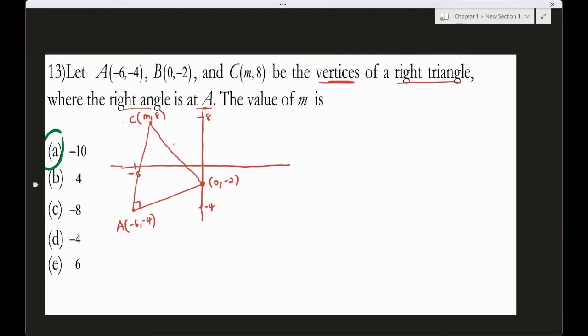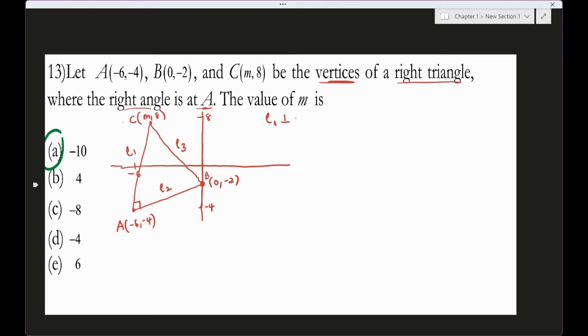If we look at this, we can see that we can use the idea of lines. So let's say this is line 1, line 2, and line 3. Line 1 is AC, AB here is line 2, and BC is line 3.